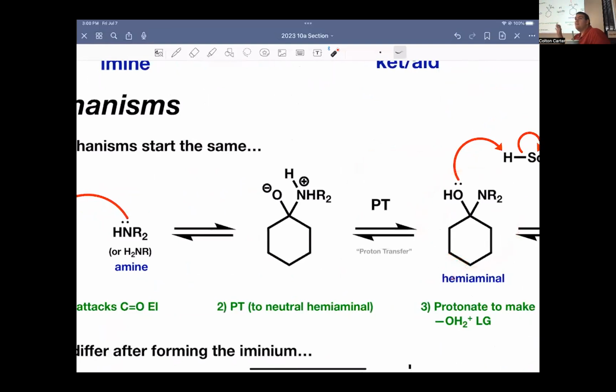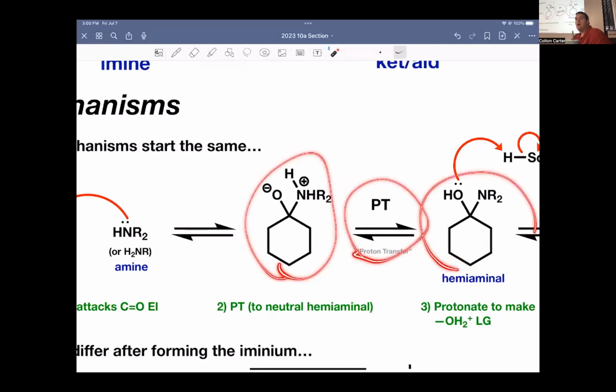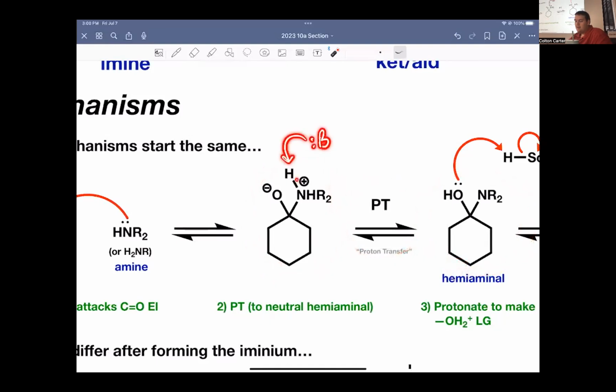So this is the abbreviation you can use from now and forevermore: if you start with something and want to do a proton transfer, you just have to draw the structure, arrows with PT, and draw the next structure. You do not need to draw something deprotonating this and then something protonating here. You can just skip that now because you've proven by taking the first exam that you all know how to do those arrows.